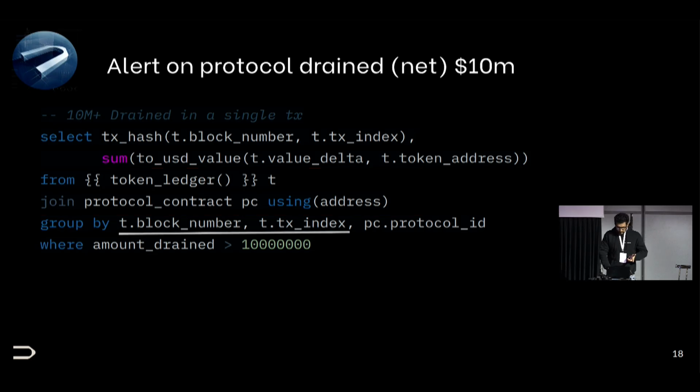We group by the transaction, and we also group by the protocol, because we're reasoning about one protocol at a time. And then we aggregate those results. Over here, we use the same function to use the value, but we aggregate. And then we check whether the net amount drained is greater than a particular value in that transaction for that particular protocol.